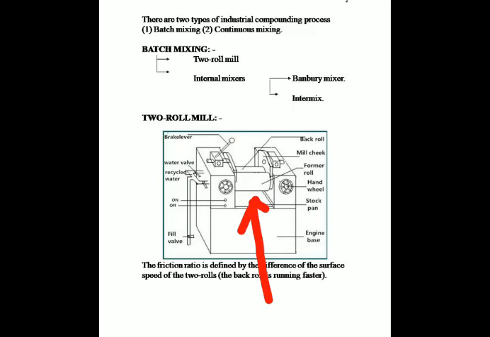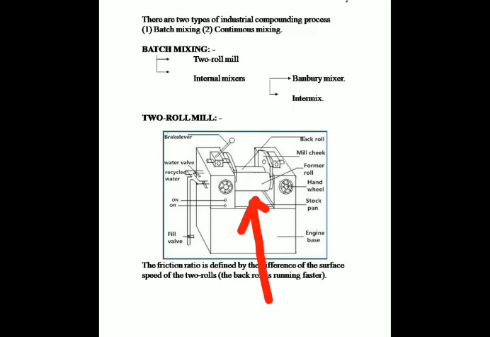It is available below the rolls to collect the unwanted material or the fill material during mixing, and this material is placed again onto the roll by the operator, so that the polymer gets mixed thoroughly.